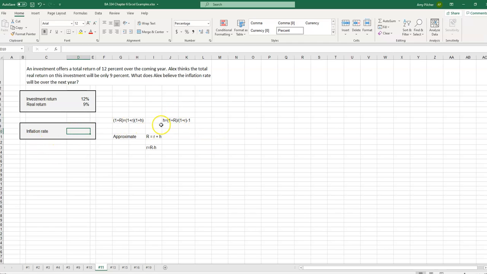So to calculate the inflation rate, or h, using the Fisher effect, we take 1 plus our nominal rate divided by 1 plus the real rate, minus 1. And that gives us an inflation rate of 2.75%.